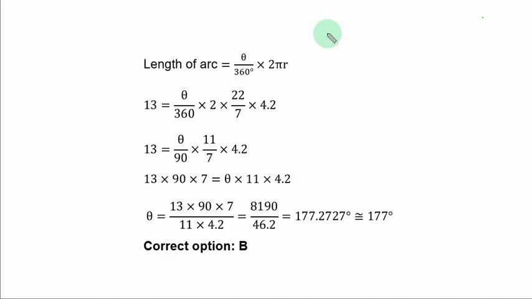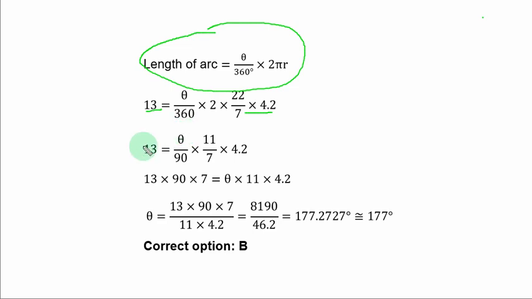To obtain the angle of the sector, we use the length of arc formula. The length is 13, theta is the angle, over 360 times 2 times 22 over 7 times radius 4.2.